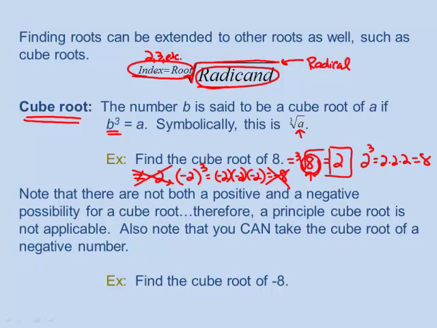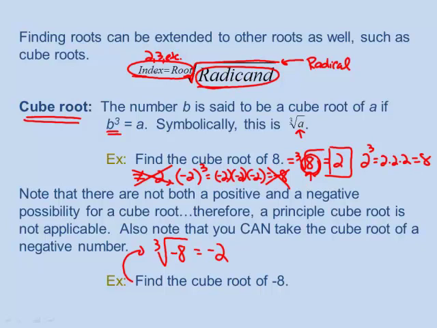For example, if I asked you to find the cube root of negative 8, in symbolism that would look like this, the cube root of negative 8. What you're looking for is some number which when multiplied by itself 3 times, or when cubed, gives us a negative 8.